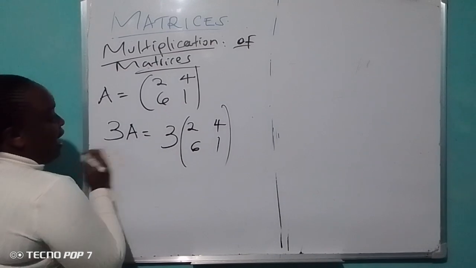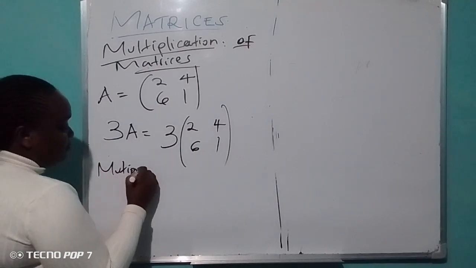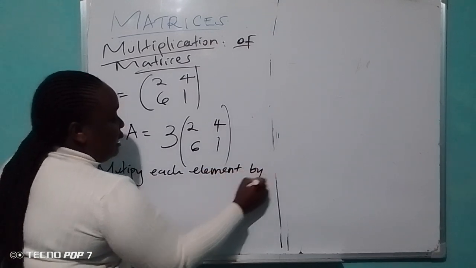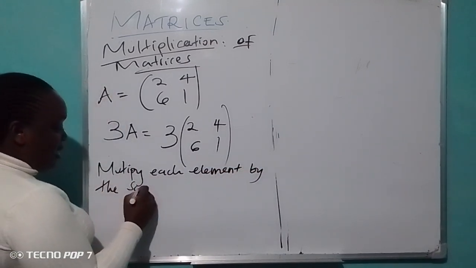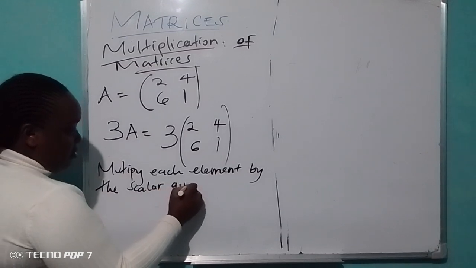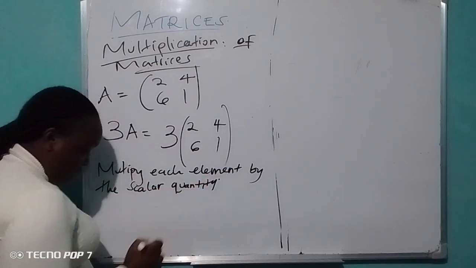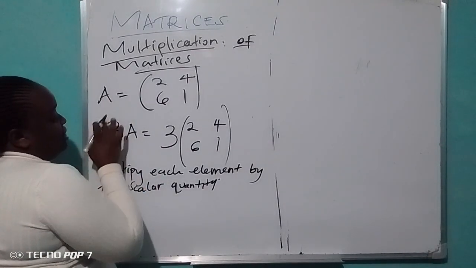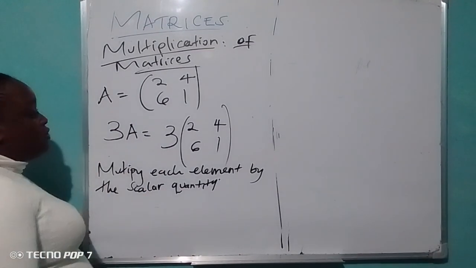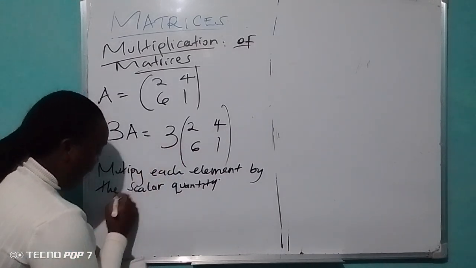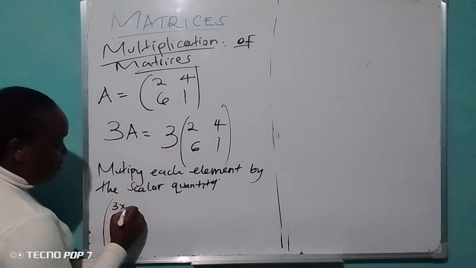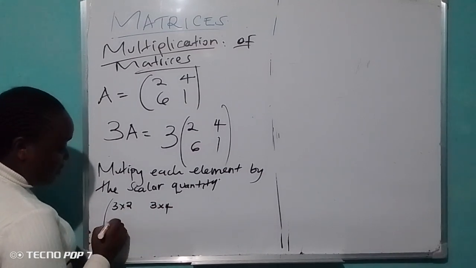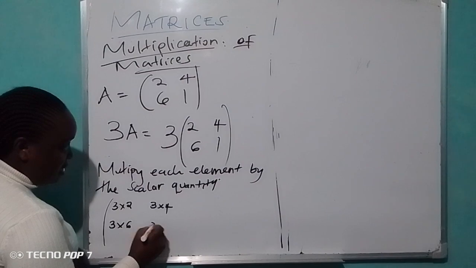So we multiply each element by the scalar quantity. For example, 3A, where A is this matrix, will be 3 times 2, 3 times 4, 3 times 6, and 3 times 1.